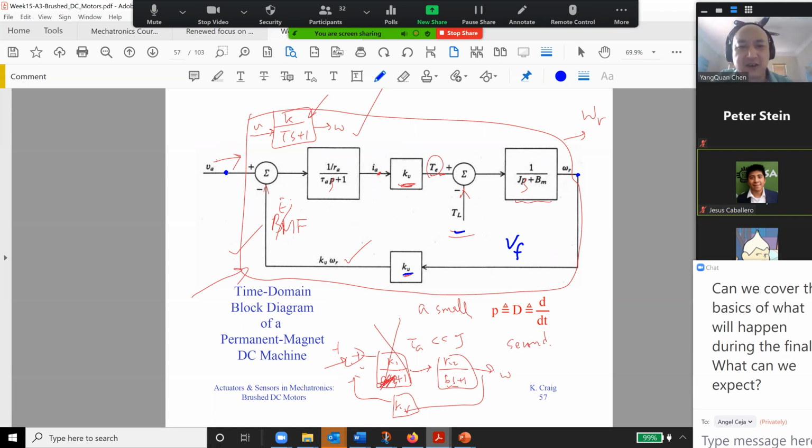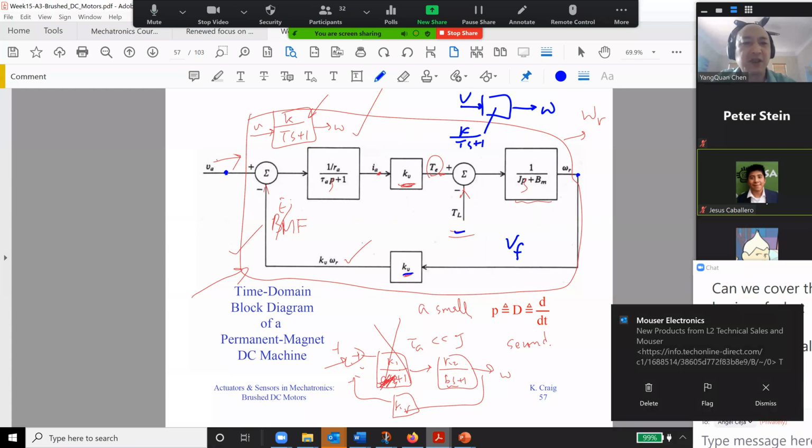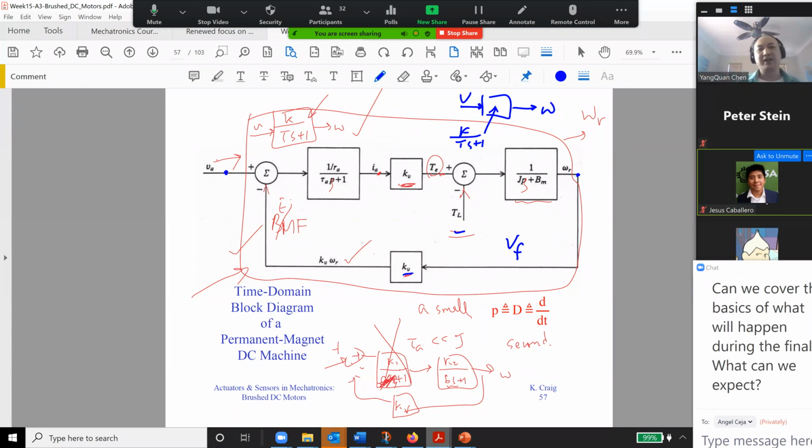So if I give you a voltage, then go through a box, you give me omega. Usually we put it here as K over TS plus 1. This is a first order system. This is a really very crude approximation. On the other hand, it's also understandable.